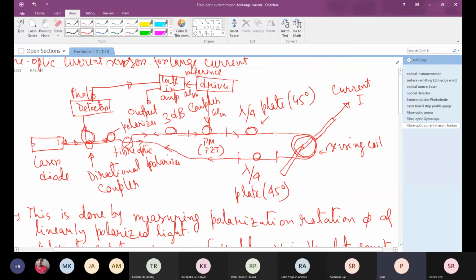If we take the reference at tau by 2, one will have plus tau by 2 and the other will have minus tau by 2, because the phase modulation is separated by a time tau.